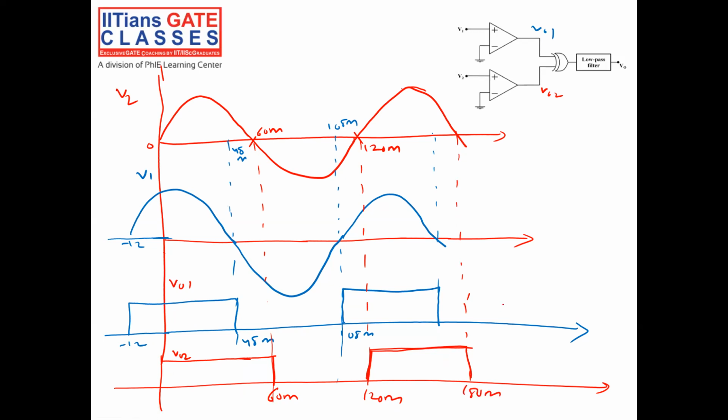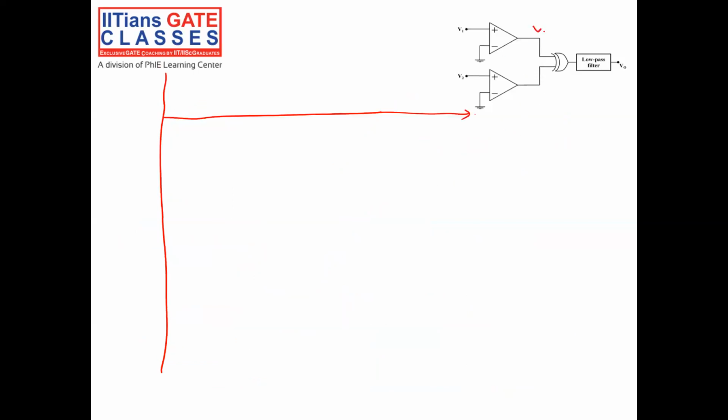Now, since it's exclusive OR, what is the output? In XOR, the two inputs are V01, V02, right? What is the XOR output?